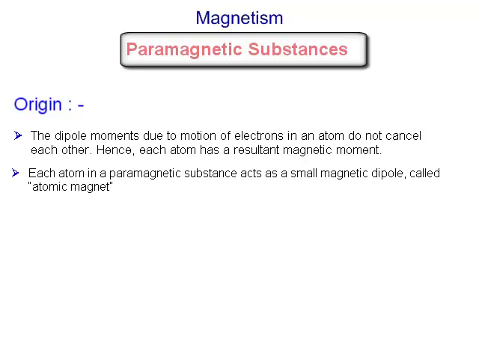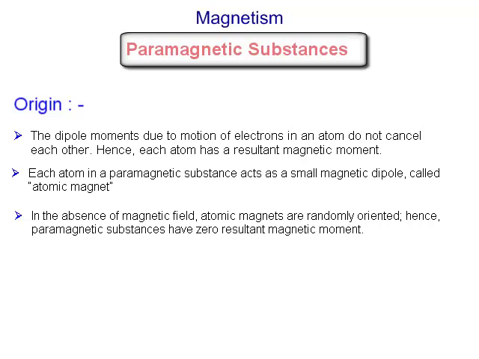Each atom in a paramagnetic substance acts as a small magnetic dipole called atomic magnet. In the absence of magnetic field, the atomic magnets are randomly oriented. Hence, paramagnetic substances have zero resultant magnetic moment.